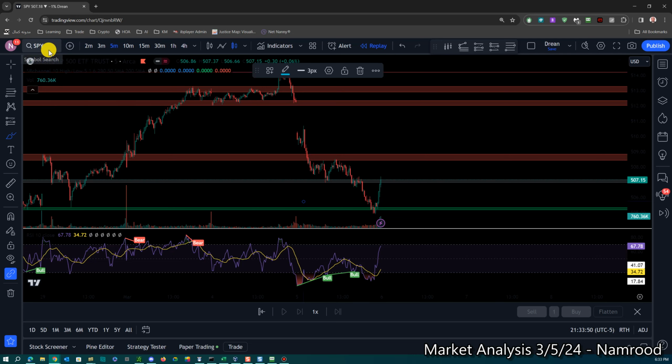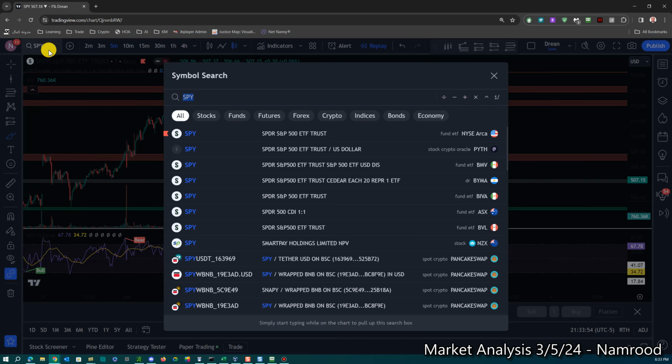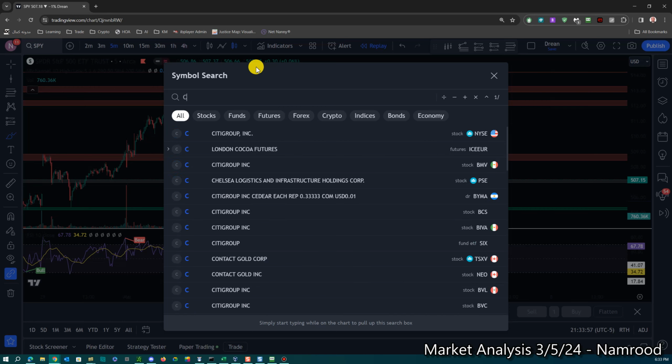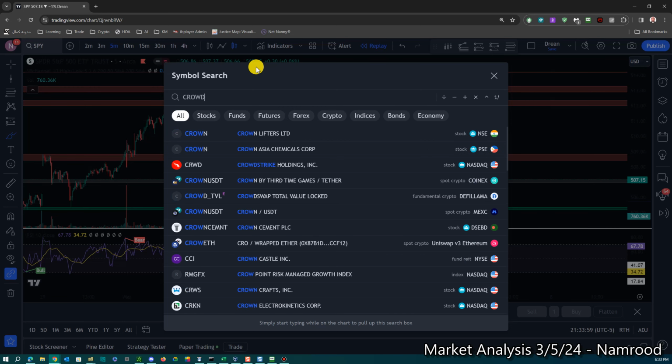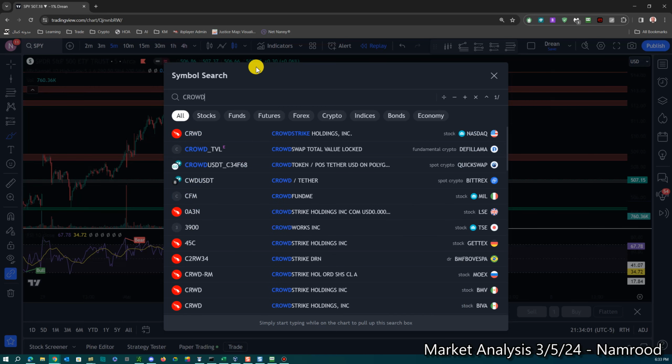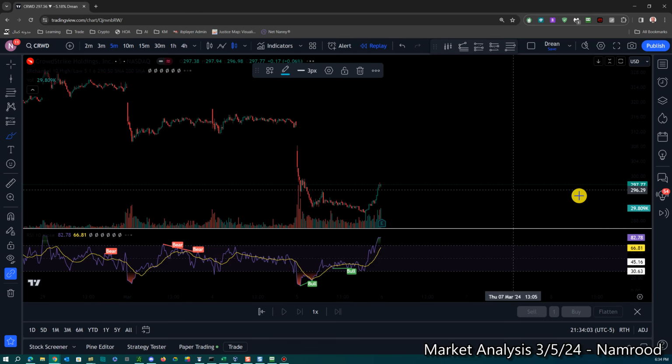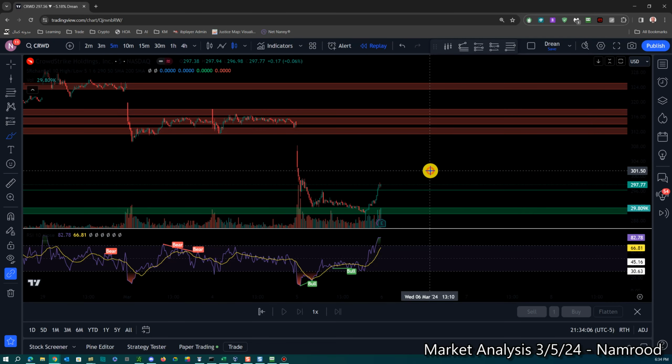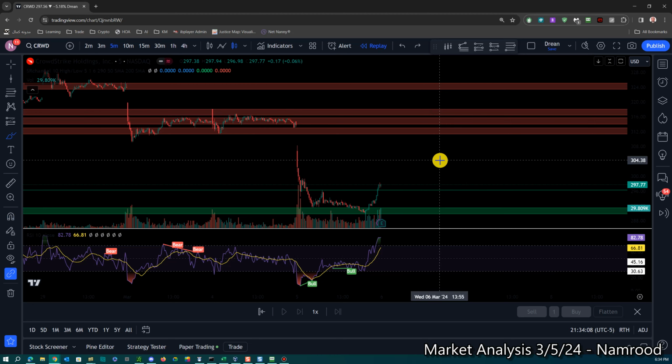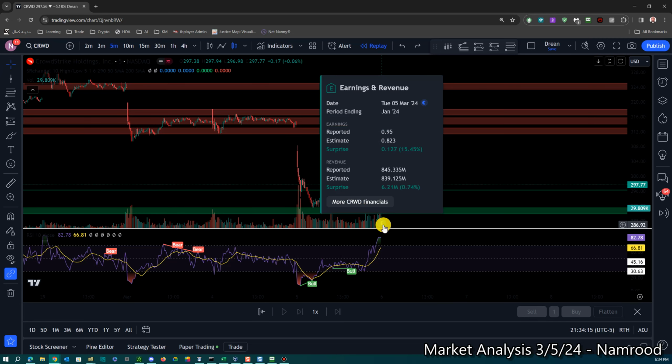We can also go over some of the catalysts that might affect tomorrow's session. So like today, this is CRWD. And I know that CRWD had earnings today, okay, and it beat by a fat 15%.